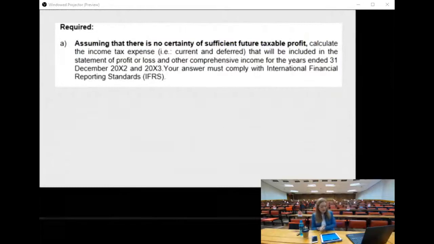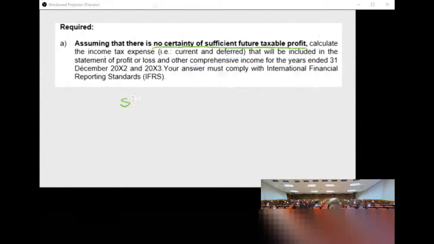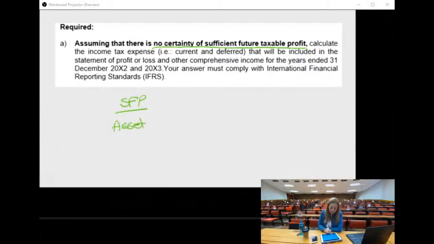Okay, and if we look at class example 14, we see that for this example, they tell us we have to assume that there is no certainty of sufficient future taxable profits. So we are not sure whether we are going to be able to use this benefit. Okay, so remember that the moment we have an asset on our SFP, we are saying that we promise that this is going to give us value in the future.